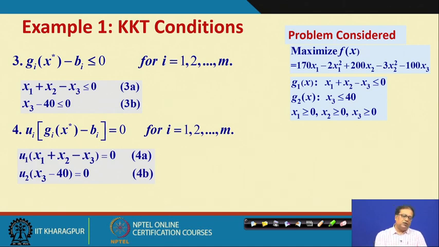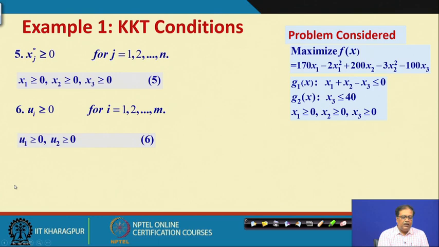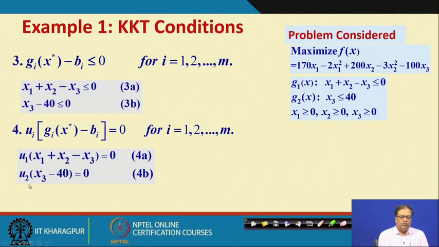It is a similar condition, but that is not exactly what we are discussing here. Same thing here. Either this slack will vanish from this equation, that means this will become 0. In other words, x1 plus x2 should be equal to x3 and x3 will be equal to 40, or the corresponding multiplier should be equal to 0. So, these are the third and fourth constraints.